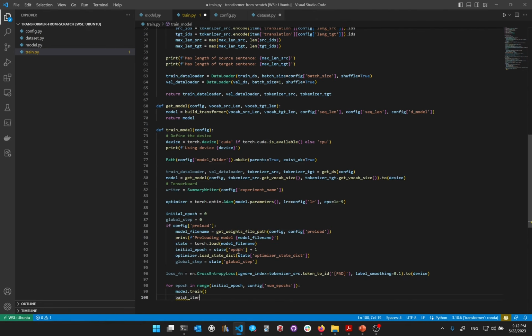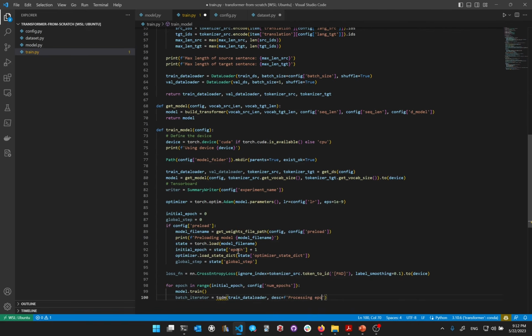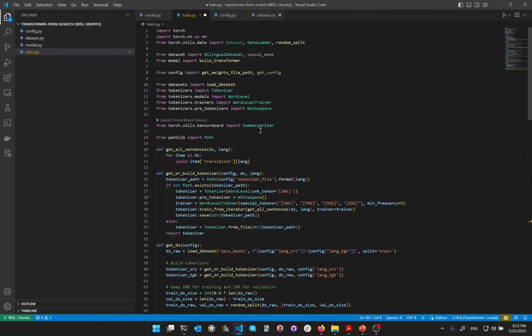I build a batch iterator for the data loader using TQDM, which will show a very nice progress bar. And we need to import TQDM.